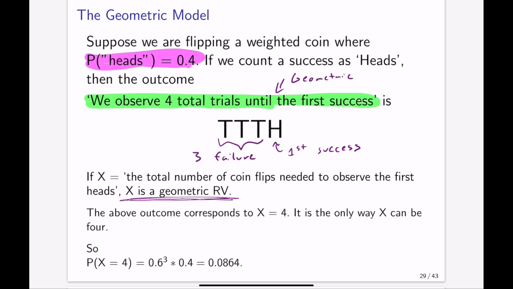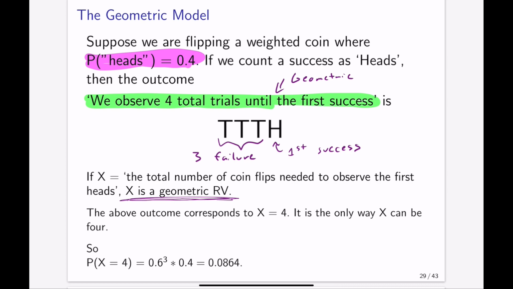And you'll notice that this is a different situation from a binomial because the number of trials is not fixed. You could get the first head on your very first flip, or you could get the first head on the 10th flip. That's pretty unlikely, but it's possible. So there is not a given number of trials.